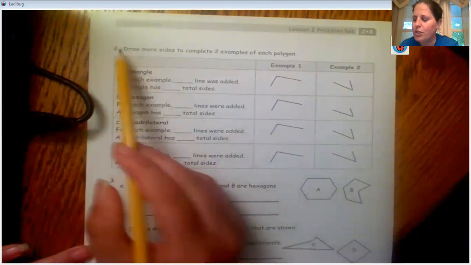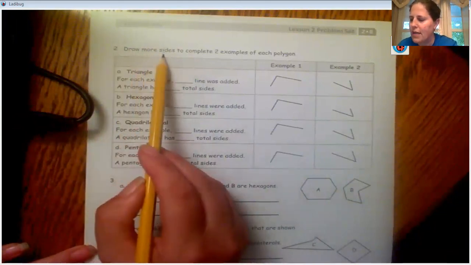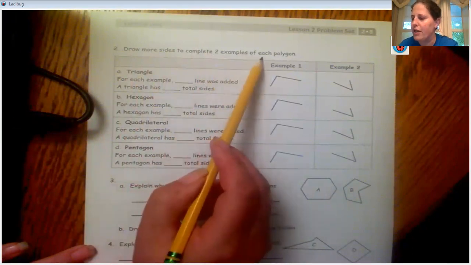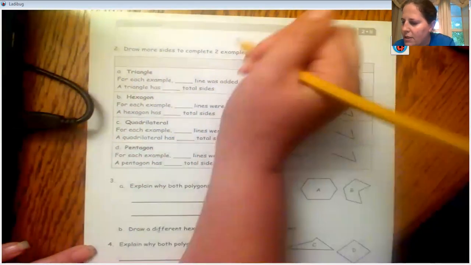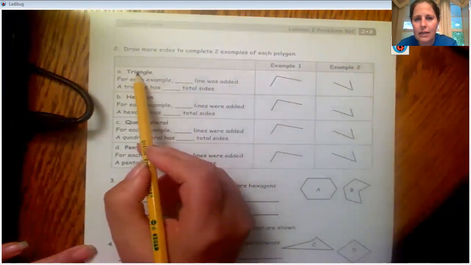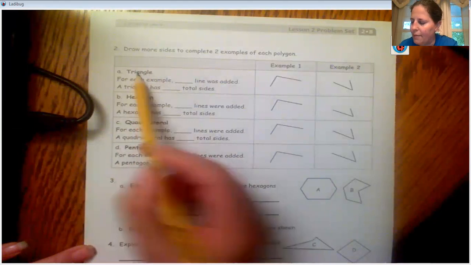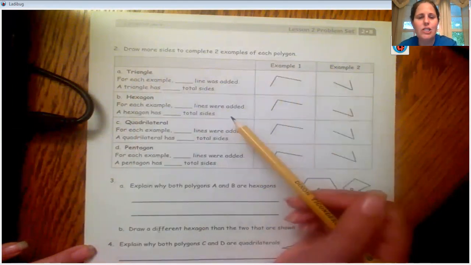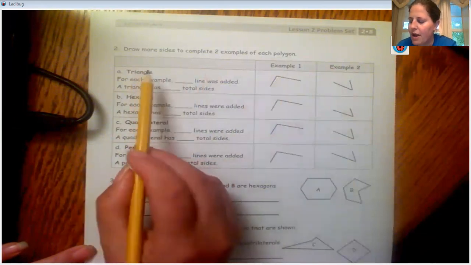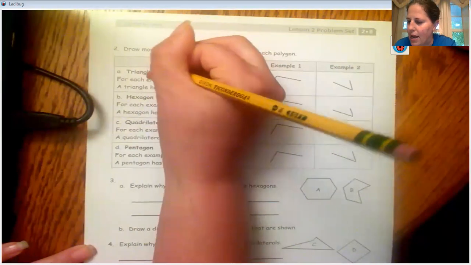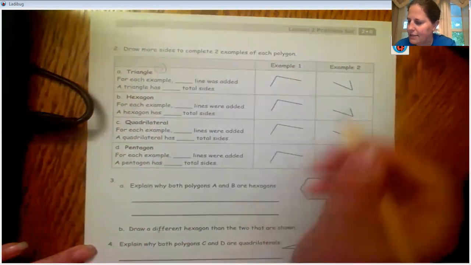All right, number 2 says draw more sides to complete 2 examples of each polygon. So it identifies the name of the polygon, and in the examples, I have to draw more lines to finish them. My first polygon is a triangle, which I remember has 3 sides.